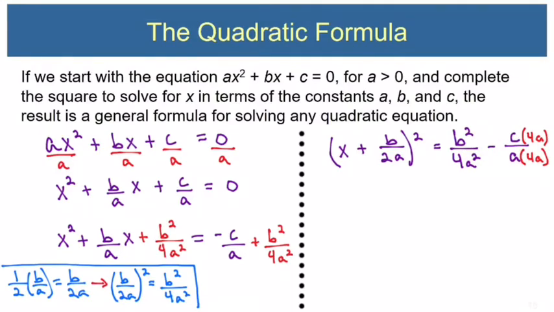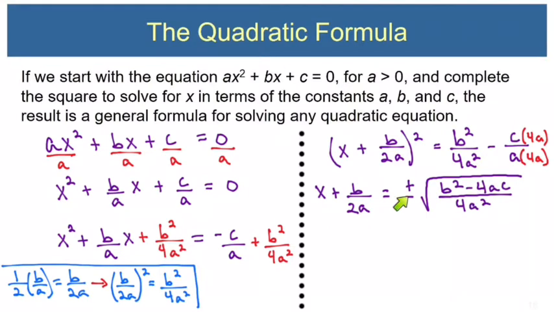So now let's go ahead and apply our square root property. The square root property says I can unsquare the left side. So on the left side I'll get x plus b over 2a, and that's going to be equal to plus or minus the square root of everything on the right. And now notice all I've done here is I've written this with a common denominator.